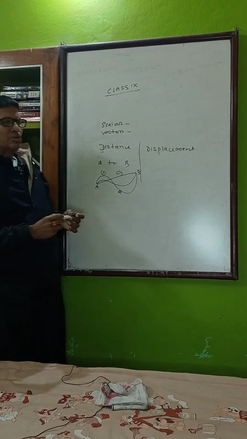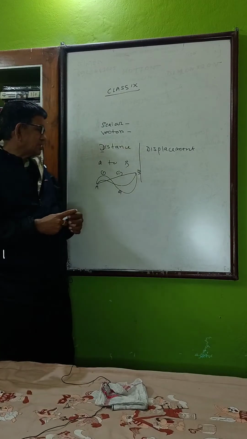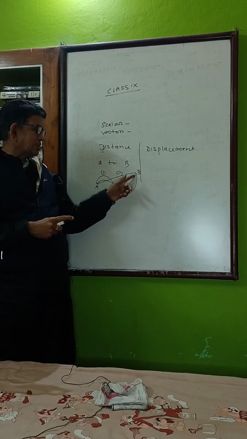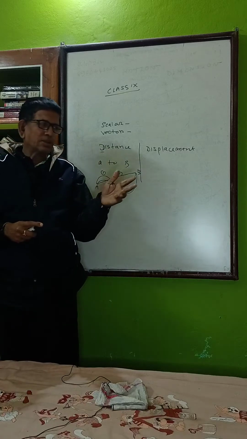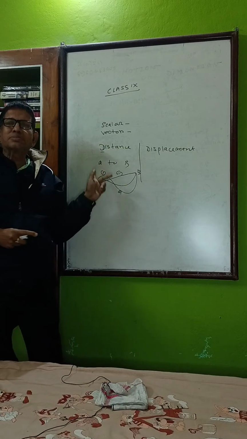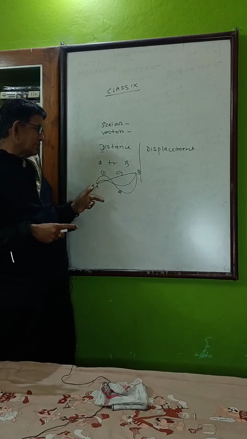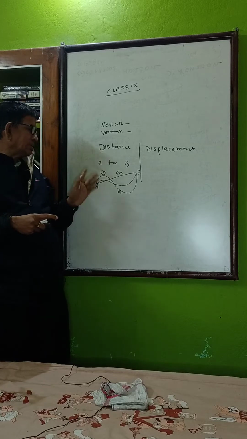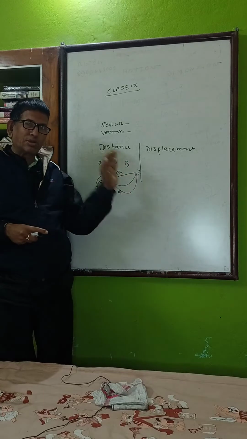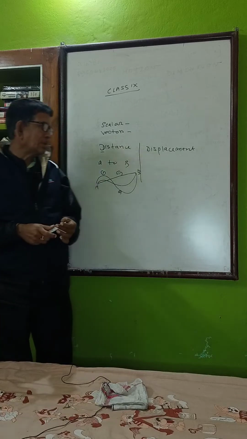If I ask you what is the distance, distance is the total path covered by the body. Path may be different. But what is the displacement? Displacement is a vector quantity, that is the shortest distance between the initial position and the final position.